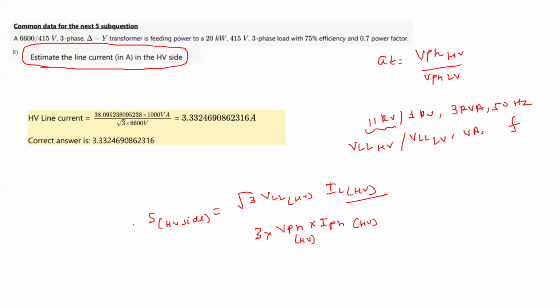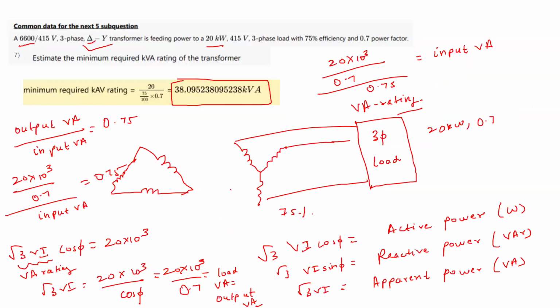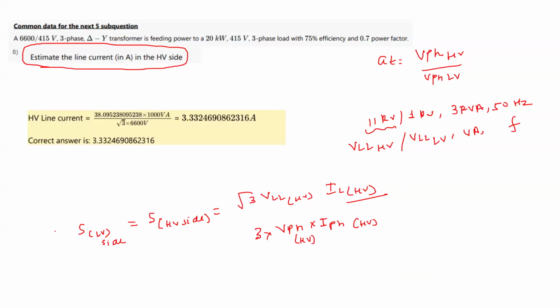Now we have calculated the kVA rating, and whether on the HV side or LV side, it is the same. This is the kVA rating which we calculated in the previous question. So this is 38 point something, 38 kVA. Here we have to calculate the line current on the HV side. Now we know from the nameplate reading the voltage rating, V line to line on the HV side, which is 6600.